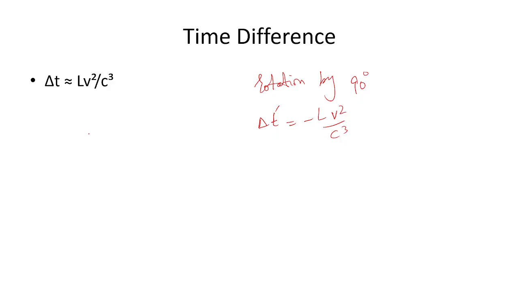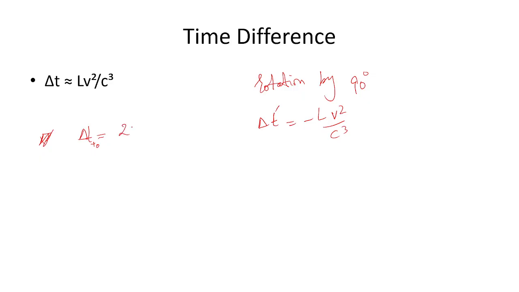So the total time, I am writing the total delta T, is the sum of these two, because we need their magnitude.